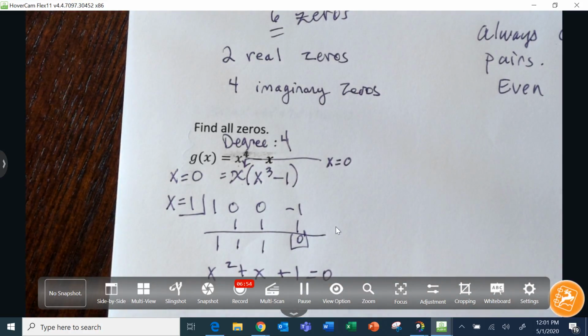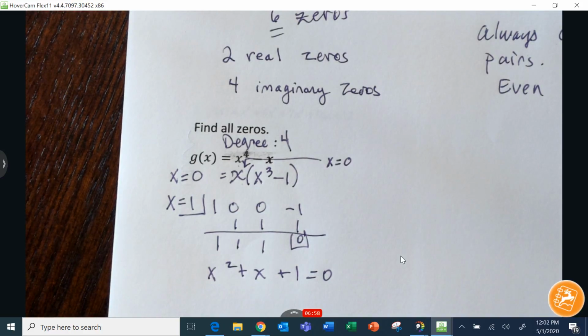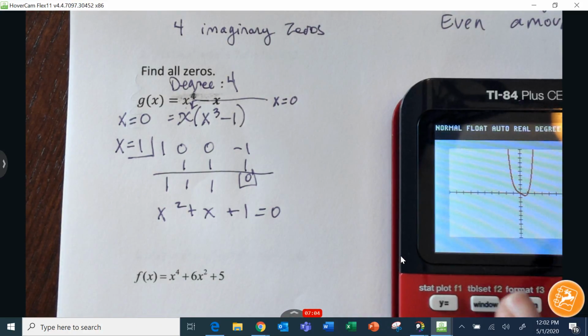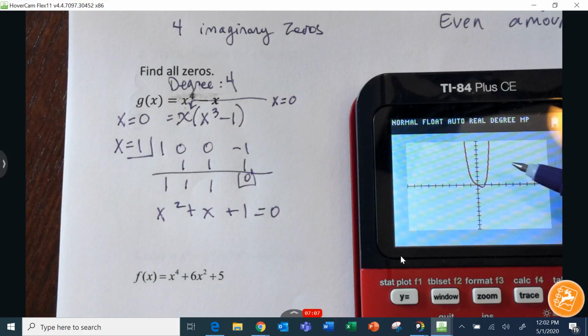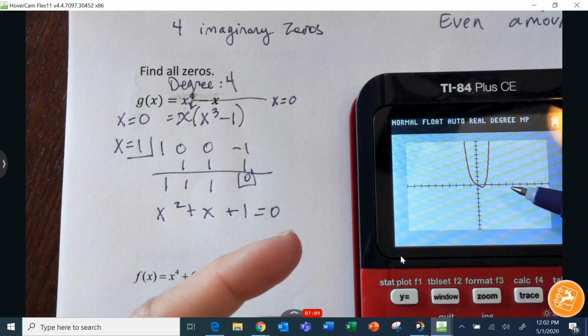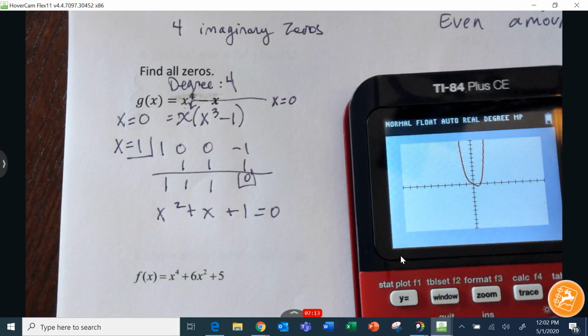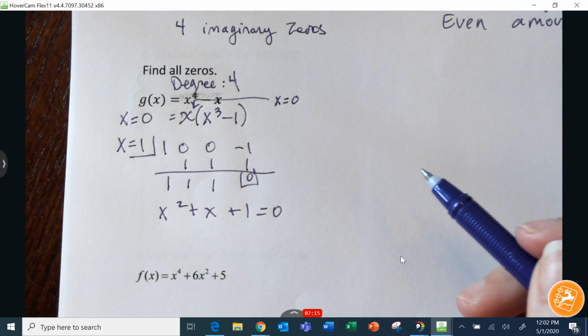Now, when I get down to a quadratic, I should be doing it by hand at that point. Plus, if I go to my calculator, I have absolutely no idea how to find it because these answers must be imaginary. So we absolutely have to do this by quadratic formula.